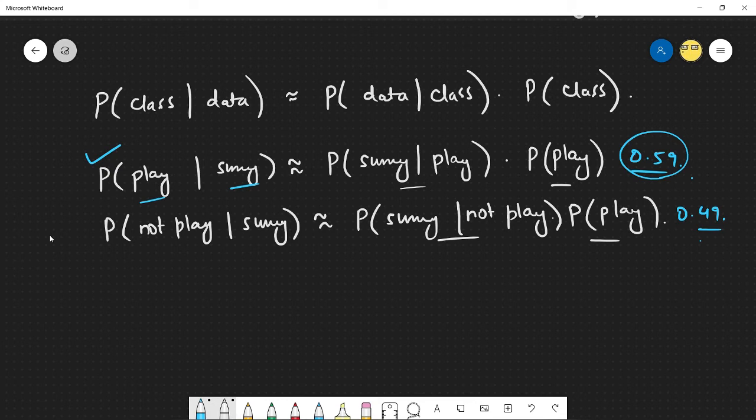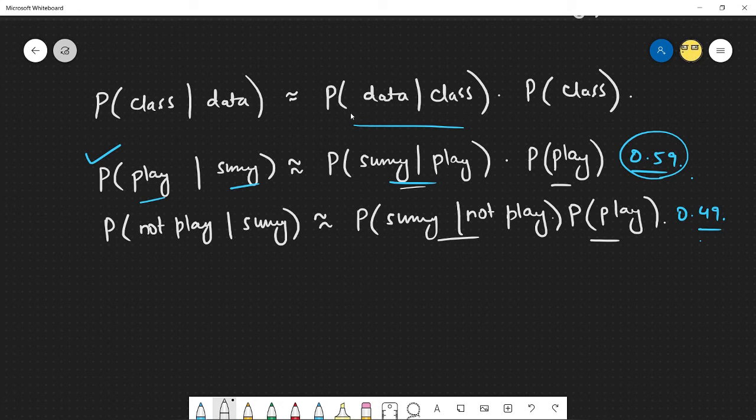But then when I do that, the likelihood term is going to turn into a joint distribution. So if I were to then say what is the probability of my class, the probability that I'm going to play, given that let's say the outlook was sunny, windy was true, and the humidity was high, what's going to happen here?